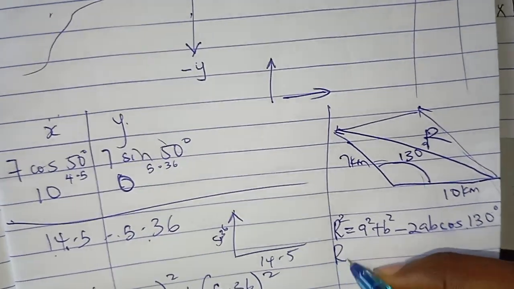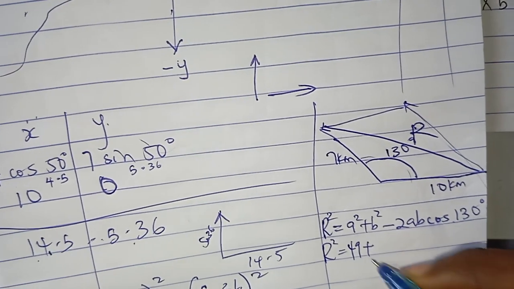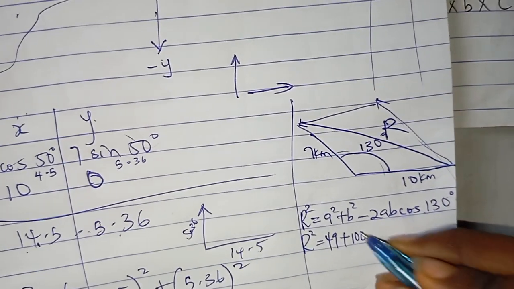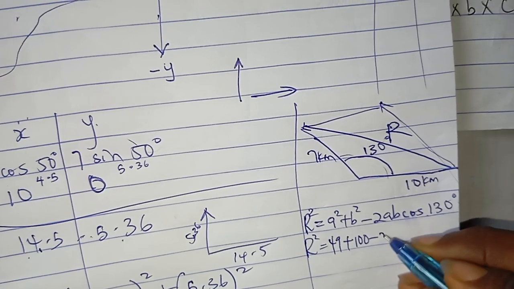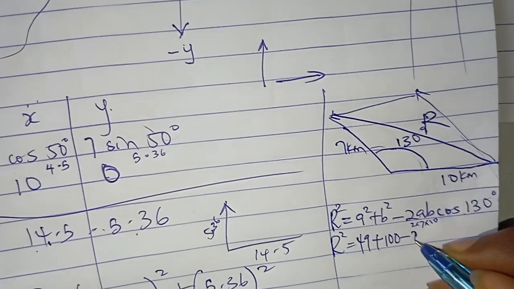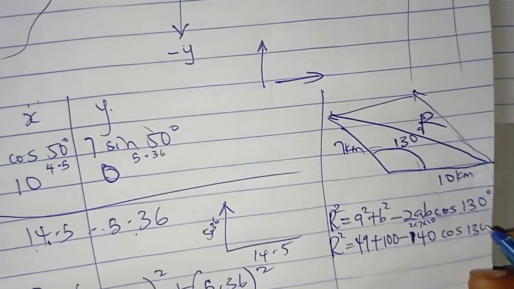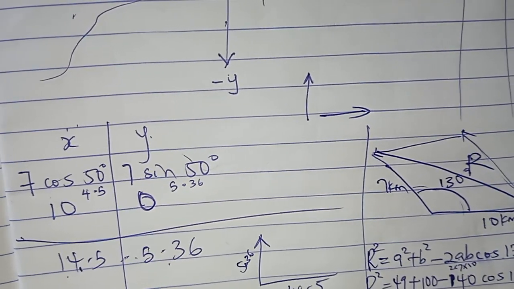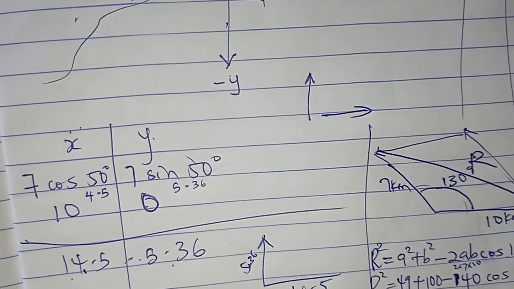So you now have R square is equal to 7 square, which is 49, plus 10 square, which is 100, minus 2AB: 2 times 7 times 10 is 140, then cos 130. I know cos 130 should be negative.